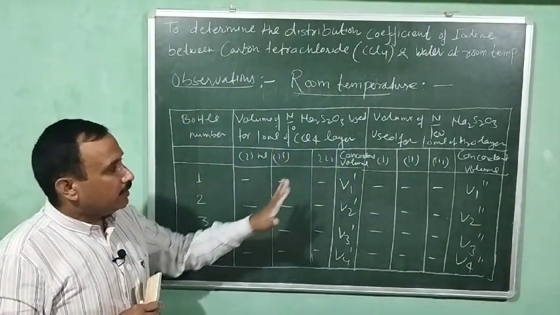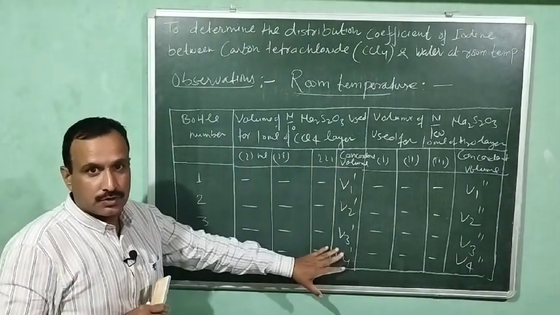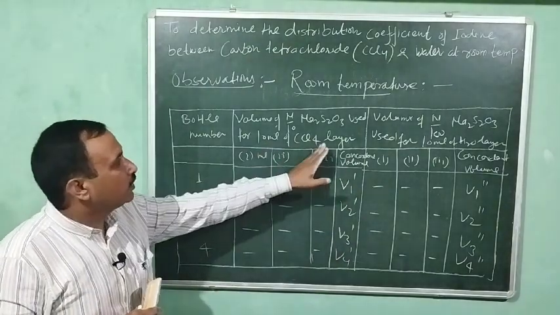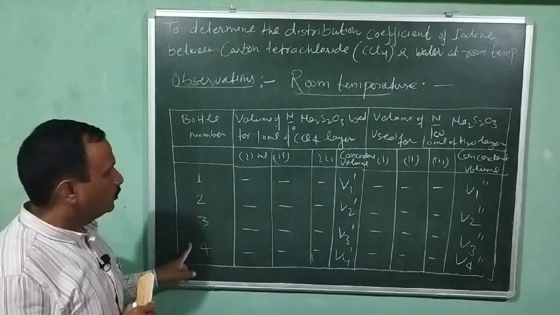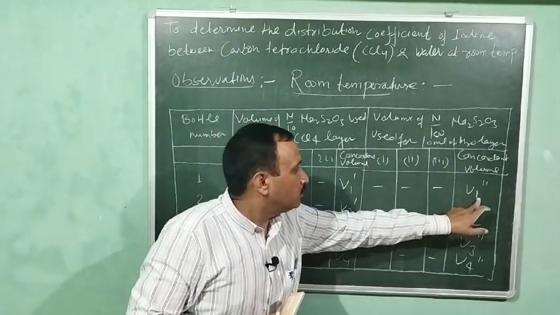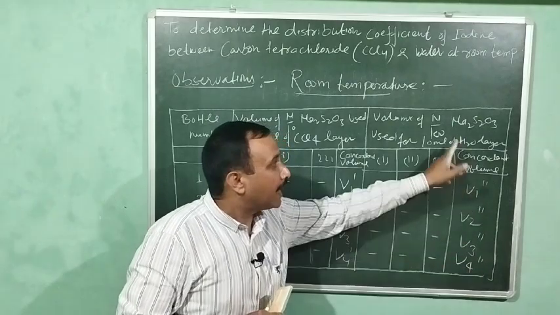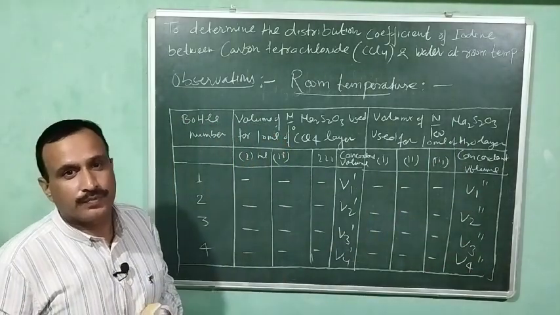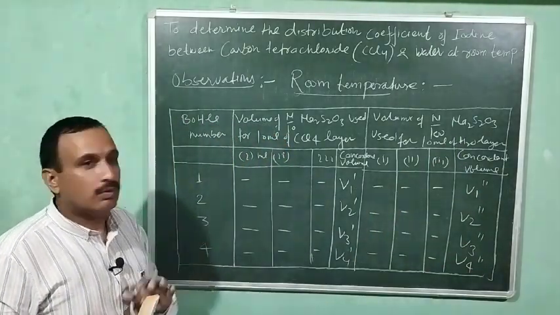Okay, so these are the concordant volumes for your CCl4 layer of bottle number 1, 2, 3, 4, and these are the concordant volumes for the aqueous layer of each bottle. So this is the observation table.